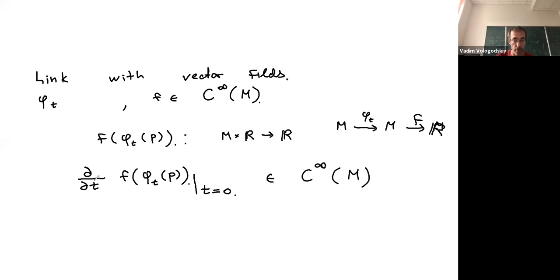And now the Leibniz formula, the product rule, tells me that this operation that sends a function f to this new function is a derivation, right? Let's give a name to this. Let's denote it theta of f.